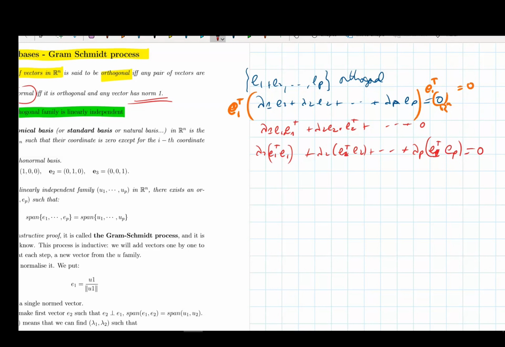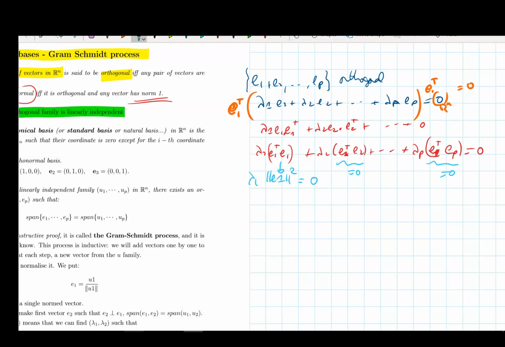If I assume that all my vectors are orthogonal by pairs, what is that going to give me? Obviously, all of these are going to be zeros, except for the first one, which is going to be the norm of E1 squared, since I didn't say they were orthonormal. So what I get is that lambda 1 times the norm of E1 squared is equal to 0.